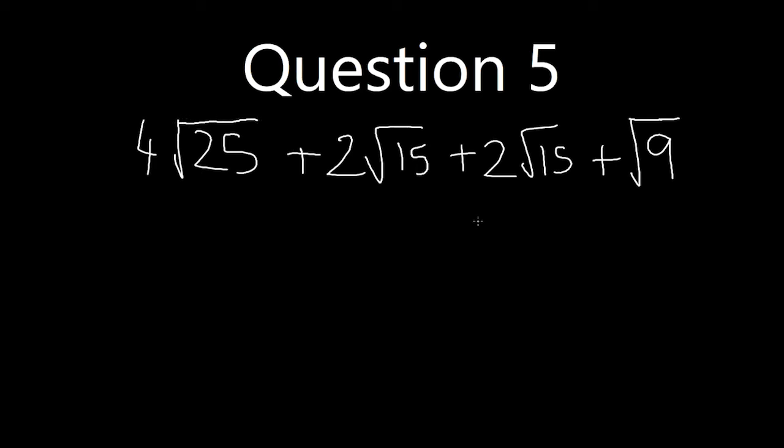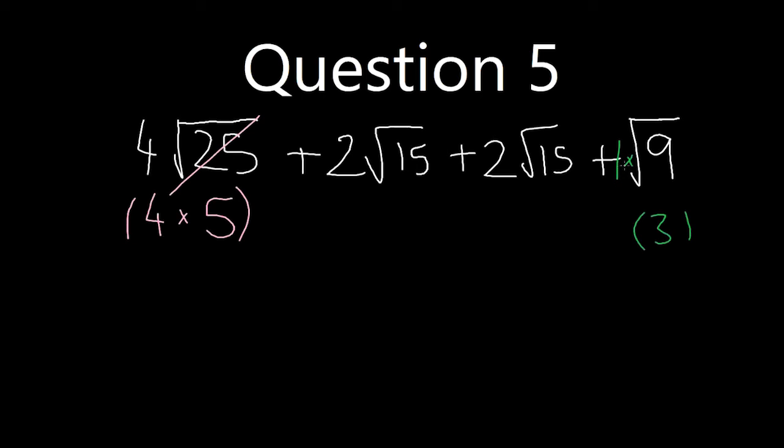So what we're going to do next, we're going to try and group our like terms whilst also trying to simplify it. So let's just look at our simplifying first. So I can straight away see that this root 25 here can be written as 5 because it's the same thing. So we can rewrite this bit here as 4 times 5. And this over here, root 9, is the same thing as 3. Okay, and that's an invisible 1, so just 1 times 3 is 3.